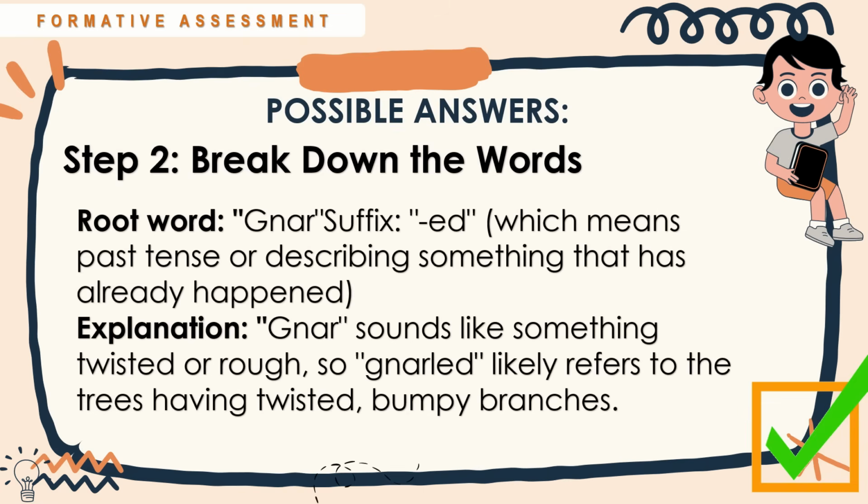Next, root word gnar, suffix ed, which means past tense or describing something that has already happened. Explanation: gnar sounds like something twisted or rough, so gnarled likely refers to the trees having twisted, bumpy branches.